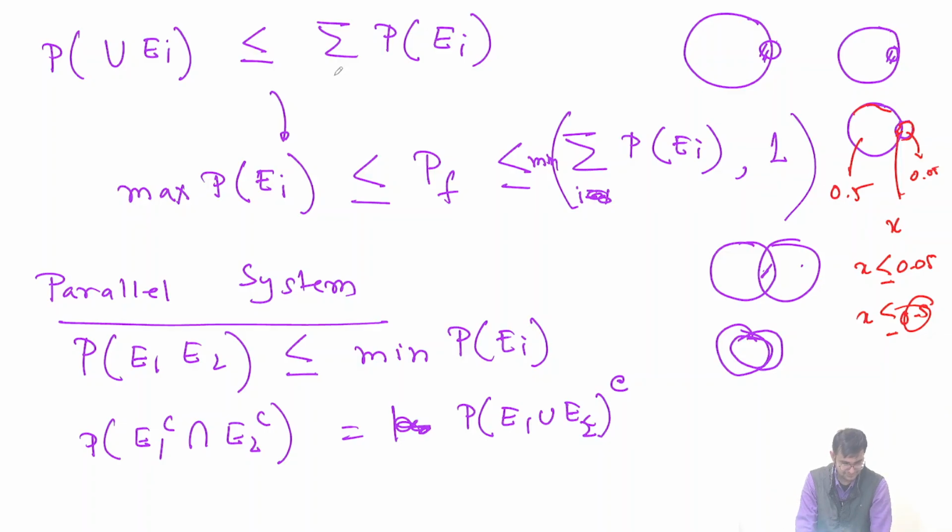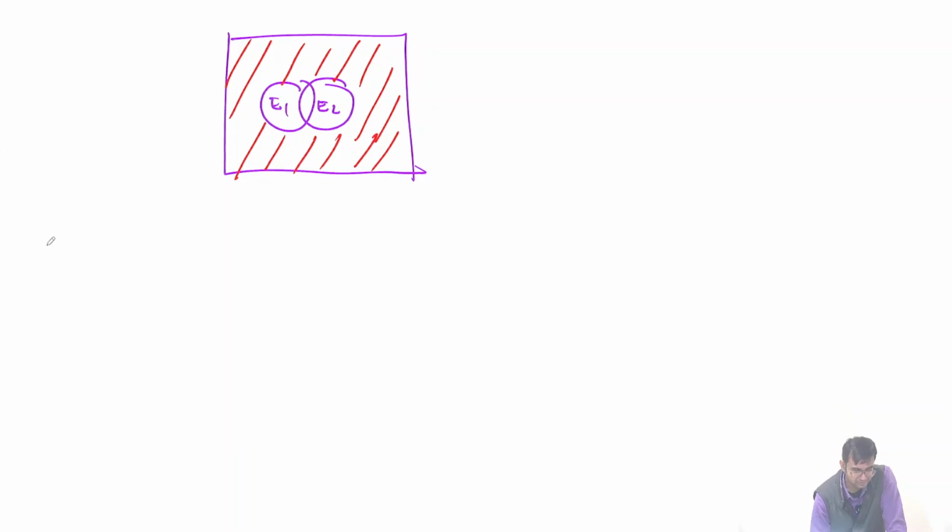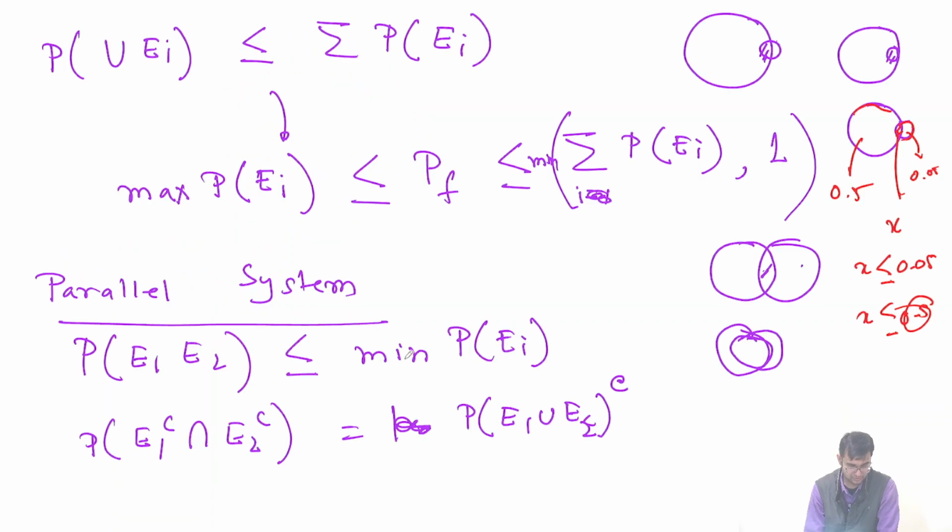So then we want to find the probability of E1 intersection E2. In our case, this is what we want to find out. Correct? This is equal to the probability of the opposite of that.